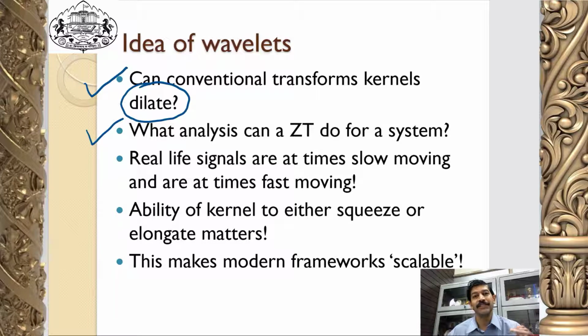That means the system transfer function is a ratio of two polynomials with finite degree. I have a finite number of poles, a finite number of zeros, and using poles and zeros I can also create the stop bands and the pass bands and the corresponding filters. So all in all, the Z transform is a very powerful tool, no doubt about it.